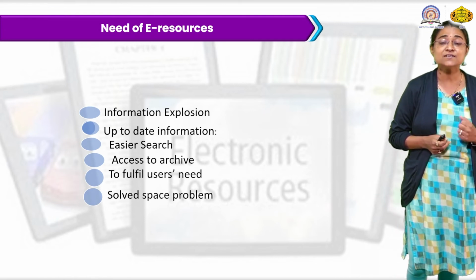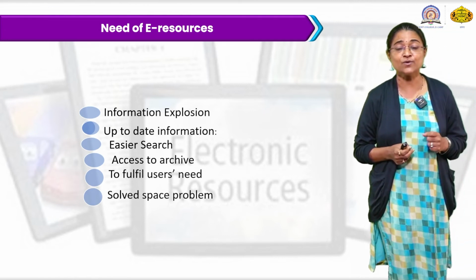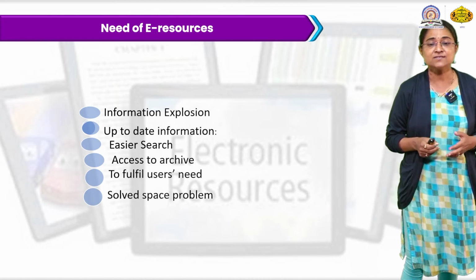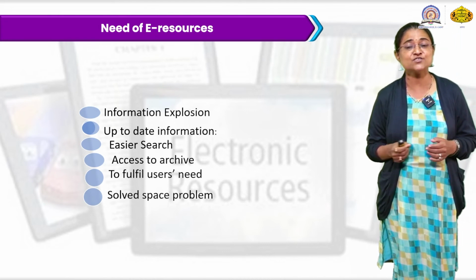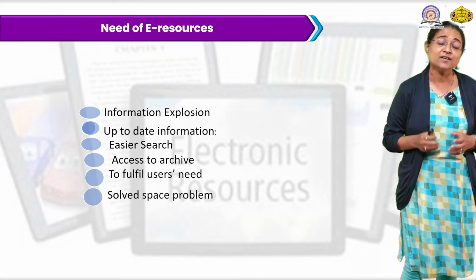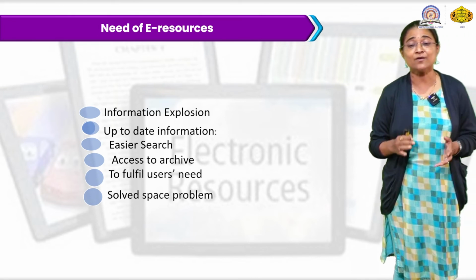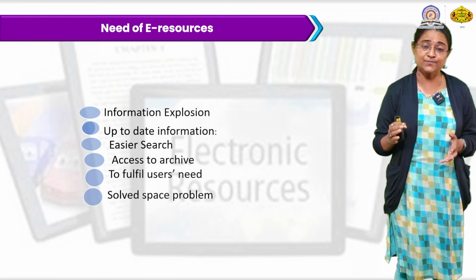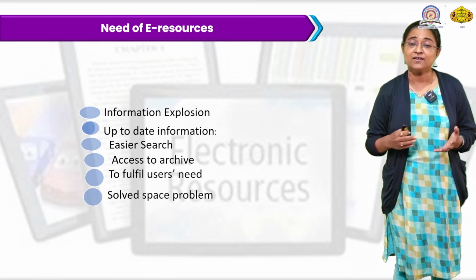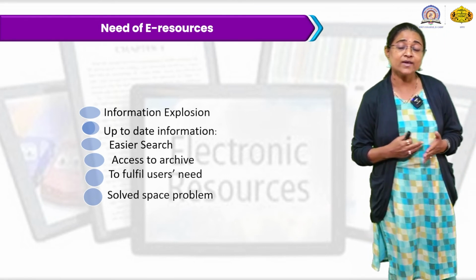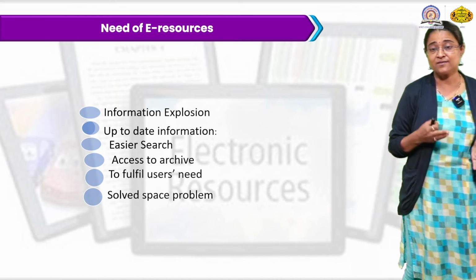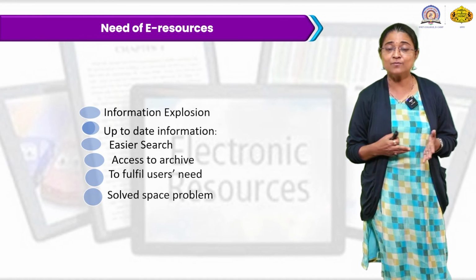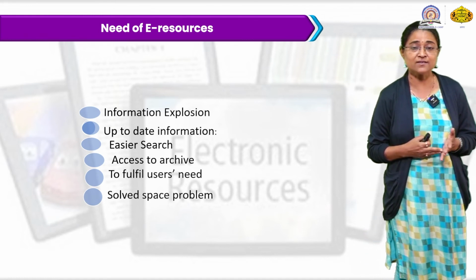Third thing is easier search. Okay, as already discussed, e-resources are easy to search. Then access to archive. On the other hand, libraries can't keep back volumes for long. It is very space consuming, money, many problems are there.